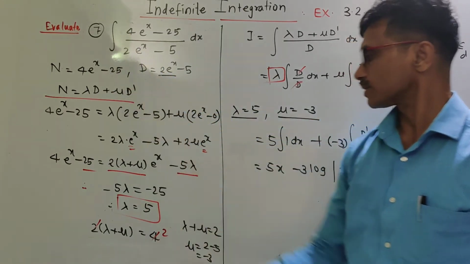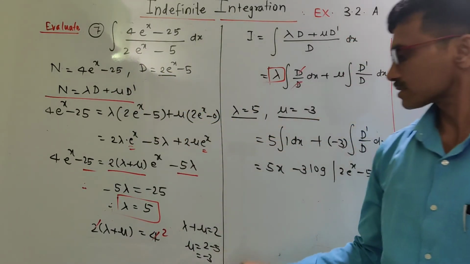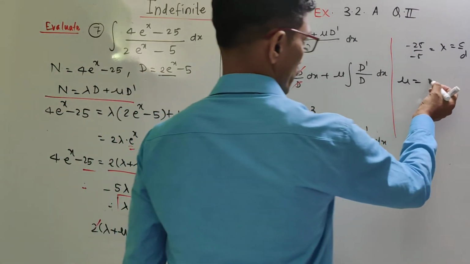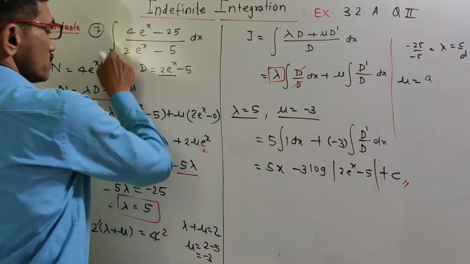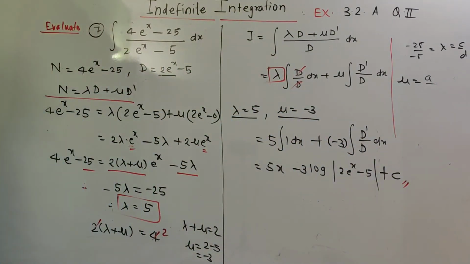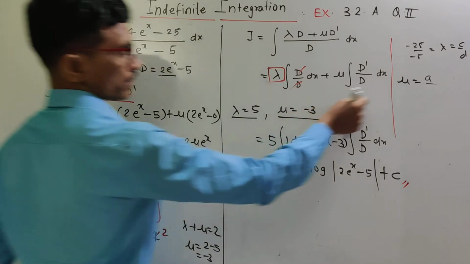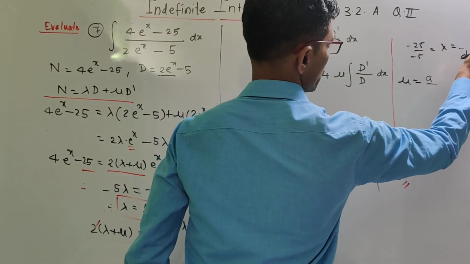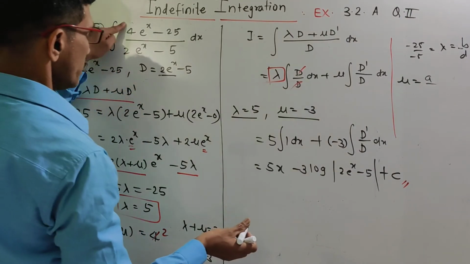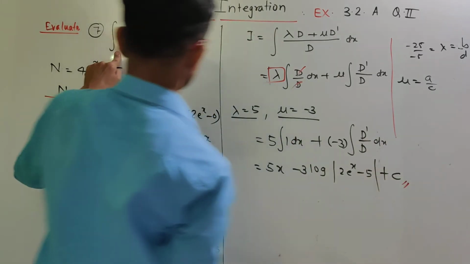So a upon c means 2, and minus lambda. This is b, and b upon d is lambda, and mu is equal to a upon c minus lambda.